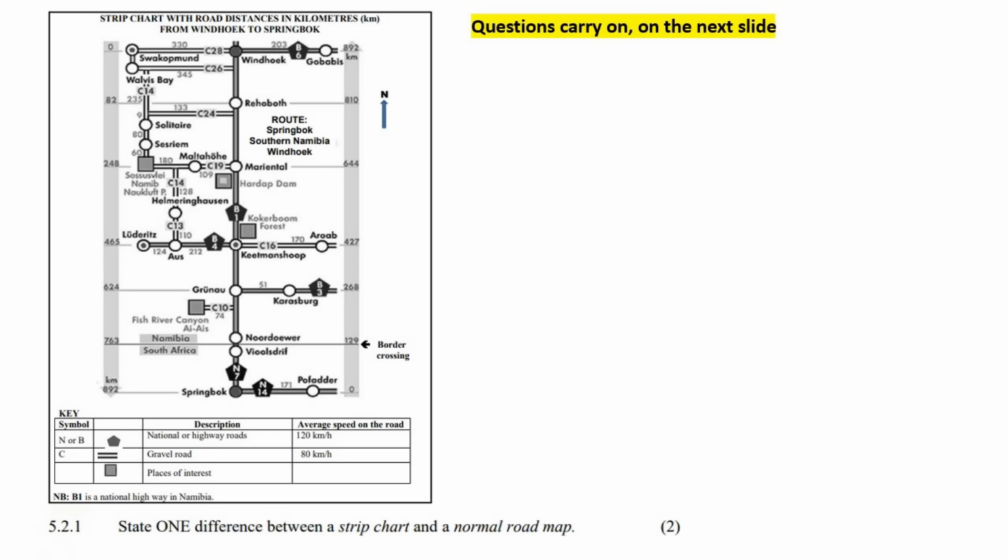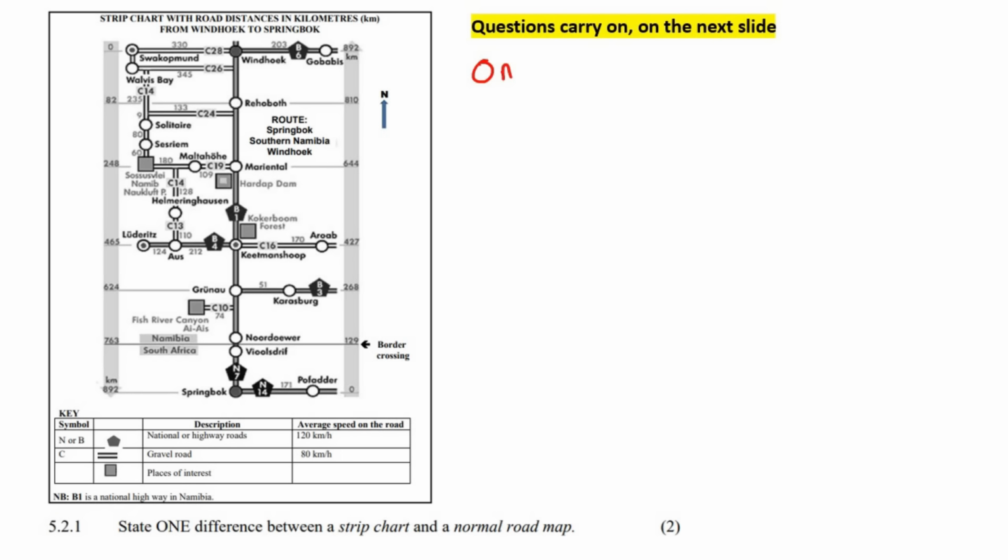Okay, so it says state one difference between a strip chart and a normal road map. So in a normal map, right, all the roads are like curved and it shows you all of the curves, for example. On a strip chart, everything is shown as a straight line. Can you see that?